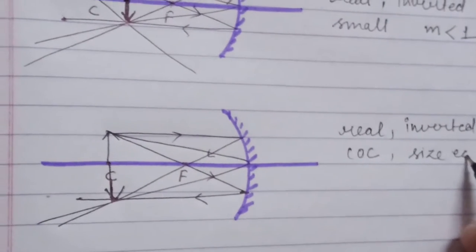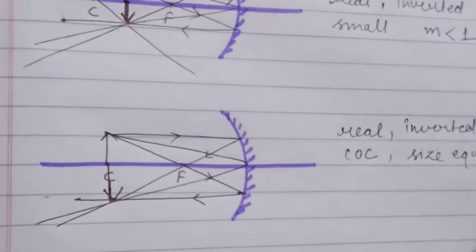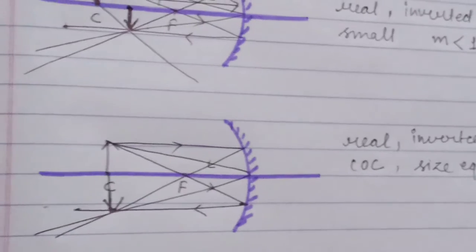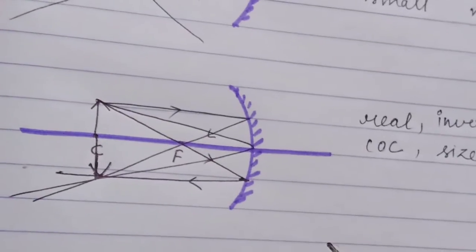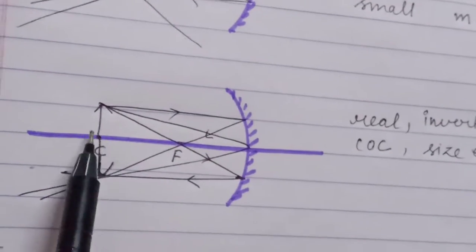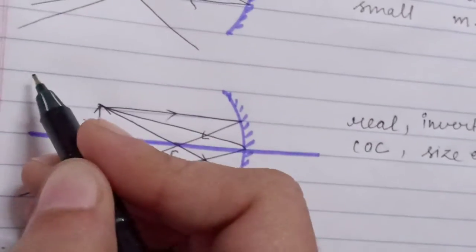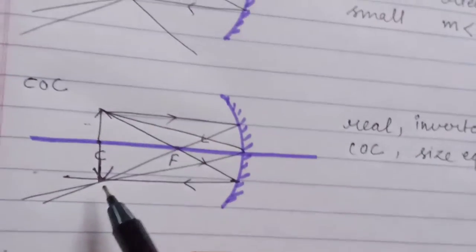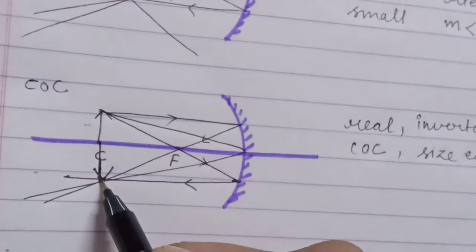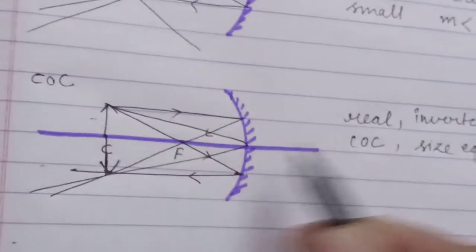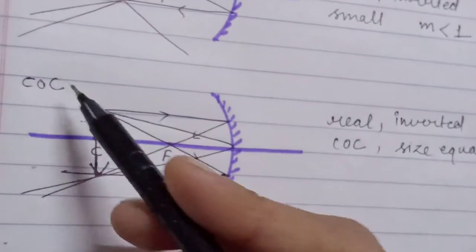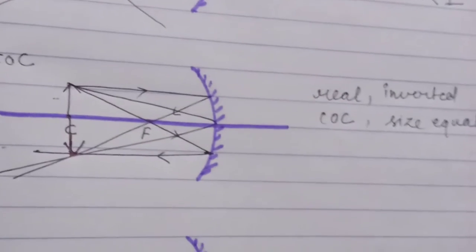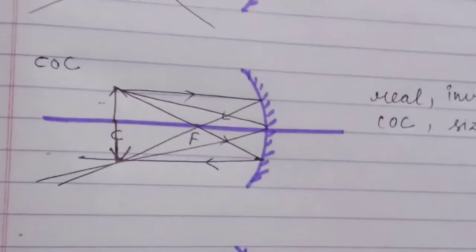Okay, this is the third condition. When the object is placed at the center of curvature, the image is formed at the center of curvature and the size of object and image is equal. Come to the next point.